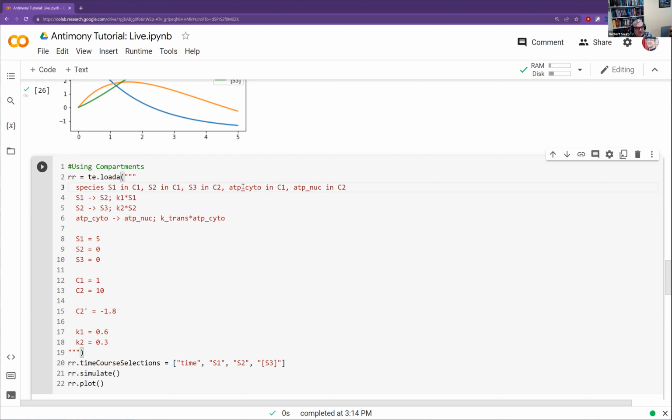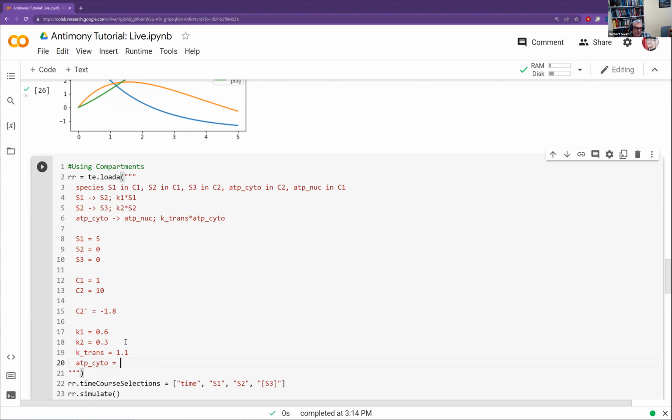C1 has a volume of 1, but C2 has a volume of 10. What it'll do under the hood is convert the concentration rate into an amount rate to account for the differences in volumes. So if you're moving, for example, from a high volume to a low volume, you'll see the concentration in the low volume compartment rise faster than the concentration dropping in the big compartment.